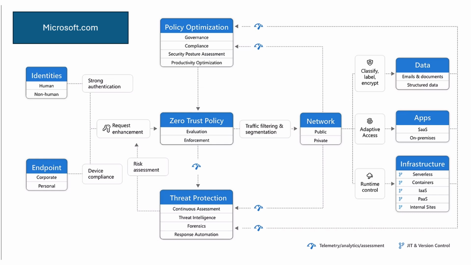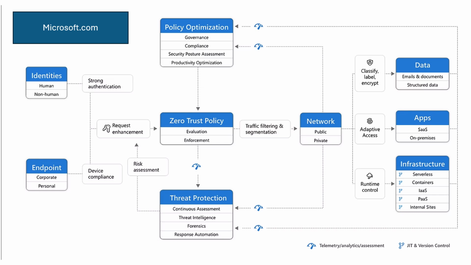Key components of Microsoft's Zero Trust framework include Identity and Access Management, IAM, which utilizes Azure Active Directory to manage user identities and streamline access with robust security controls like conditional access policies.